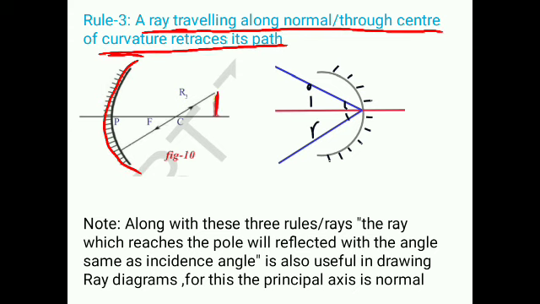R3 is the ray traveling along normal or center of curvature. After reflection, it retraces its path. So, a ray traveling along normal or through center of curvature retraces its path.